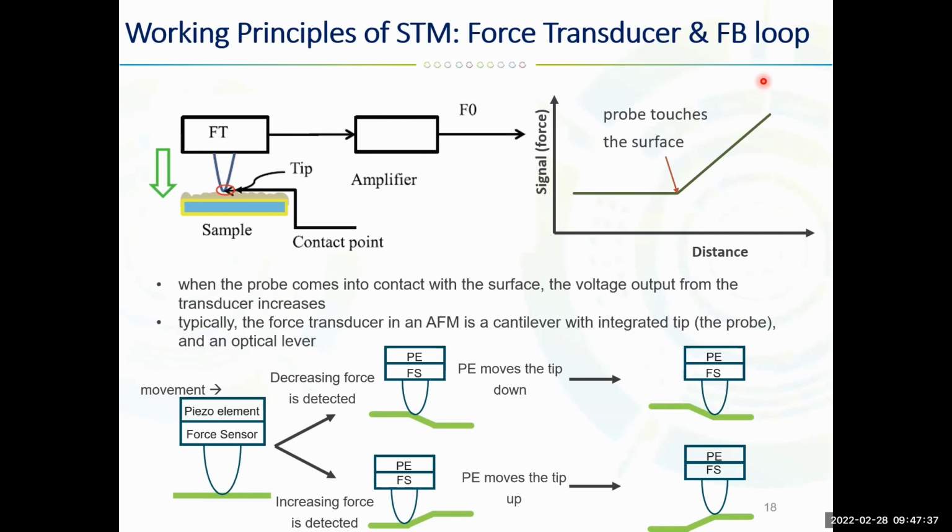However, there might be different types of force sensors that can be used in AFM. A force transducer is used to measure this interactive force between the tip and sample surface. That's how the feedback loop works.